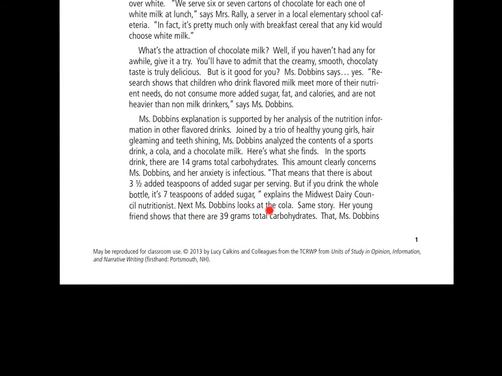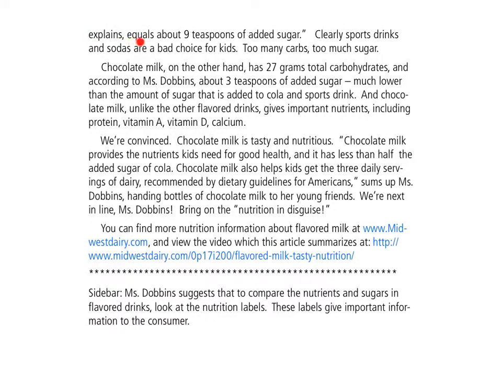Next, Miss Dobbins looks at the cola. Same story. Her young friend shows that there are 39 grams total carbohydrates. That, Miss Dobbins explains, equals about 9 teaspoons of added sugar. Clearly, sports drinks and sodas are bad choices for kids. Too many carbs, too much sugar.